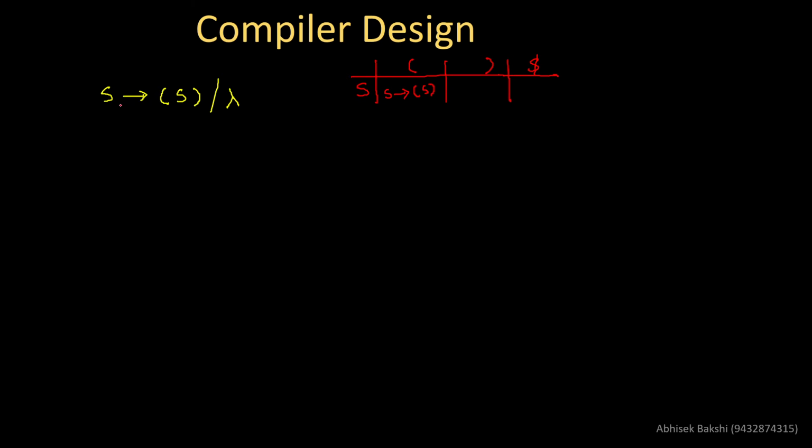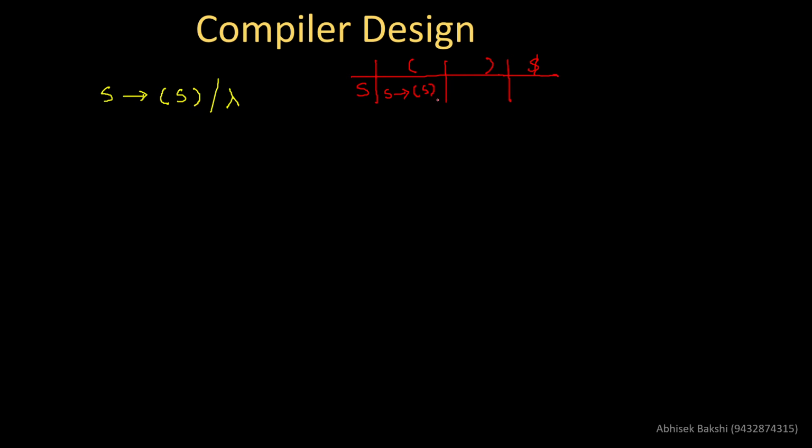And where will I put S to lambda? Obviously in the follow of the left hand side, that is follow of S. And what is follow of S? In this particular grammar, you can easily understand it. First of all, S is the start symbol, so follow of S has to include dollar. And other than dollar, S is followed by a closing brace in the production rule.